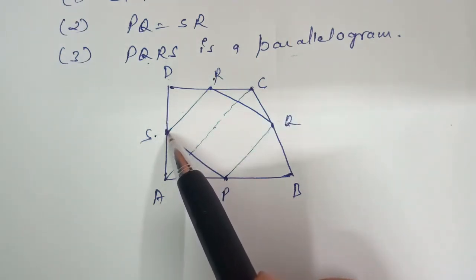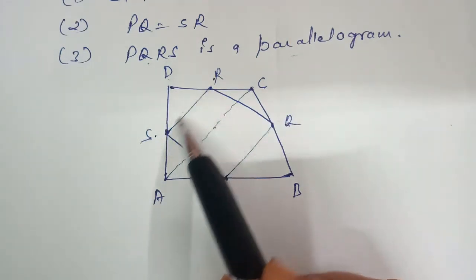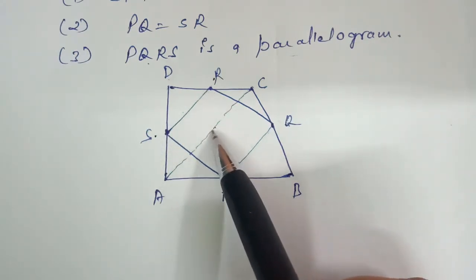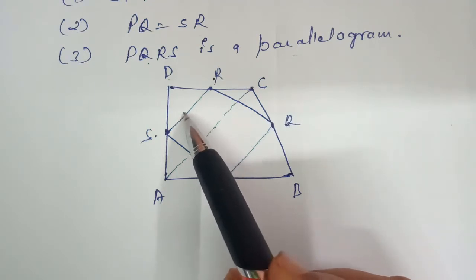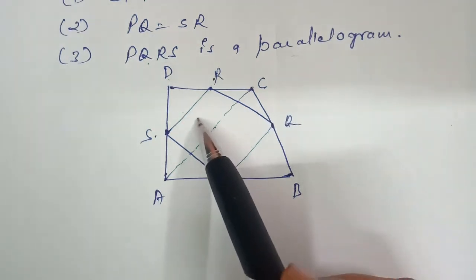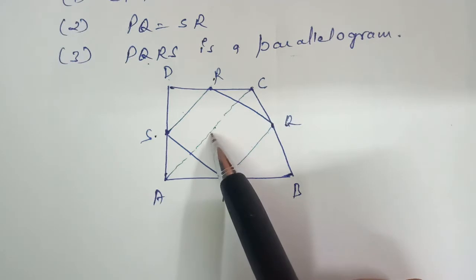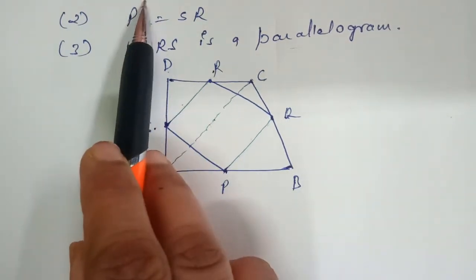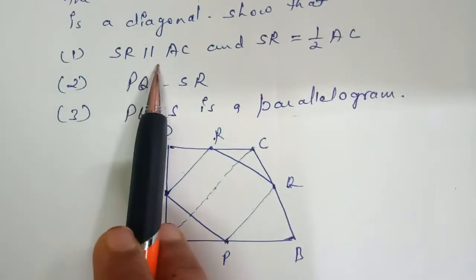According to the midpoint theorem, the line segment joining the midpoints of two sides of a triangle is parallel to the third side. It means SR is parallel to AC and is equal to half of it, or we can say SR is equal to half of AC. So from here we get the first part which we have to prove.